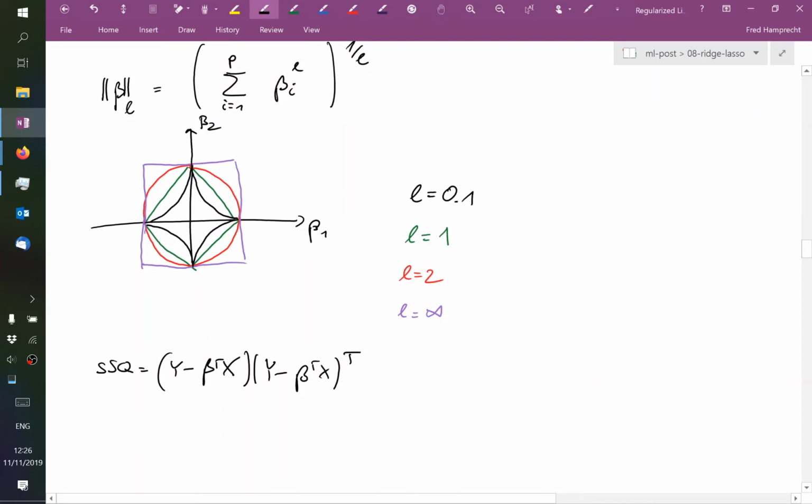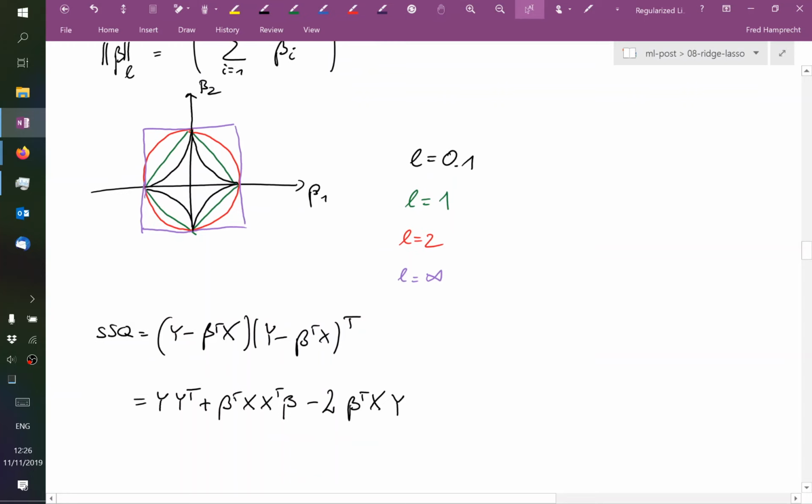I'm going to write it out for once. Given x and y, this is a function of beta: the sum of squares of beta given the x and the y's.